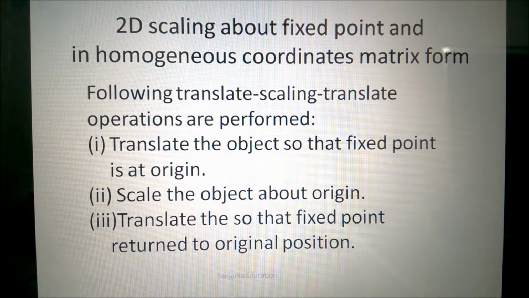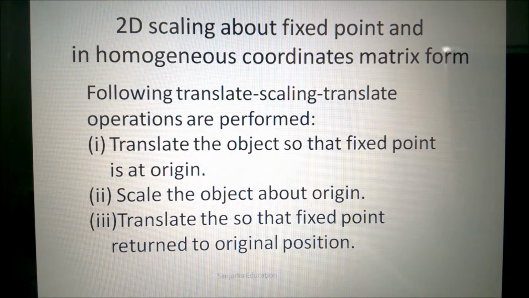I am showing that diagrammatically, then it will be very clear. Again I repeat, this is to be done in the homogeneous coordinate matrix form.